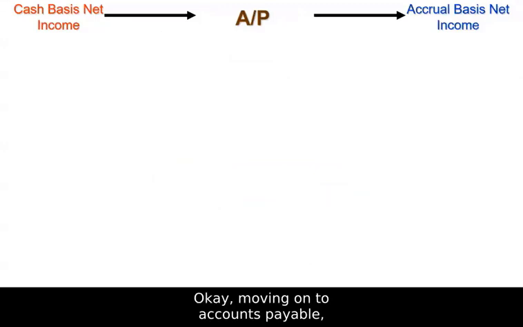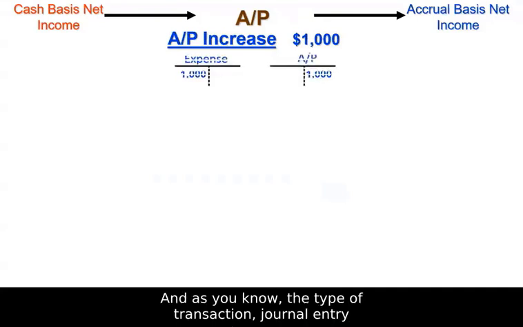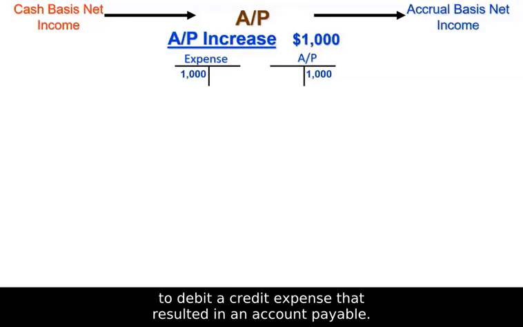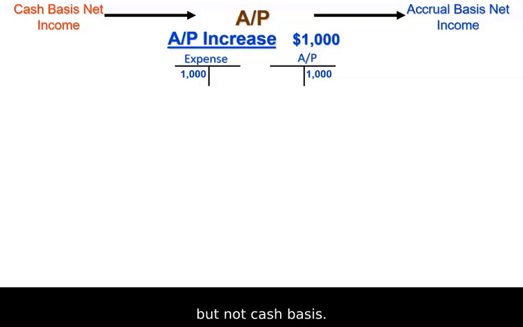Okay, moving on to accounts payable. This is a current liability. And we'll start with the assumption that accounts payable increased $1,000. And as you know, the type of transaction, journal entry, that would cause accounts payable to increase would be to debit an expense and credit accounts payable, resulting in a payable. As you can also see, this would affect accrual basis, but not cash basis.